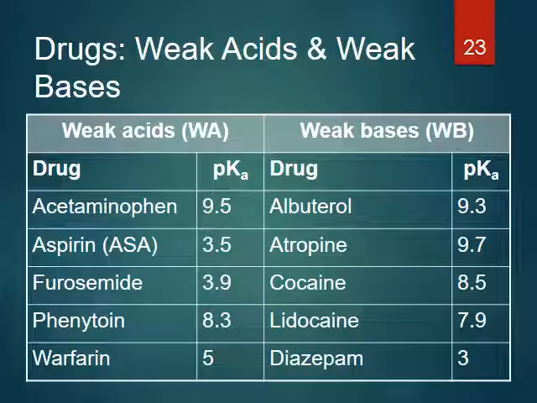So in this instance, acetaminophen being a weak acid with a pKa of 9.5, just by having a solution of pH 7, which is more acidic than its pKa, a higher proportion of it is going to be in that unionized state, and this is going to be better absorbed. This is all going to be dependent on the drug itself, and a lot of times the dosing of the drug has already been figured out to account for a lot of this, so it'll account for the bioavailability that the drug's going to have when given via a given route.